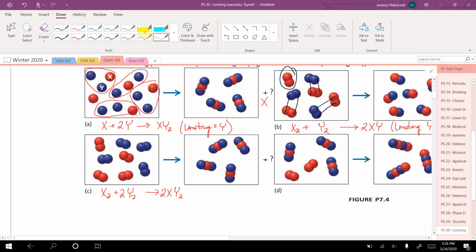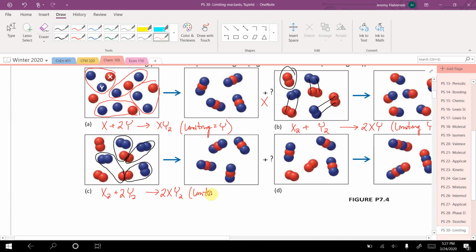So let's see, when I do this, that's going to make one molecule, that's going to make another molecule, that's going to make another molecule, that's going to make another molecule. And I have Y's left over, because Y's are left over.